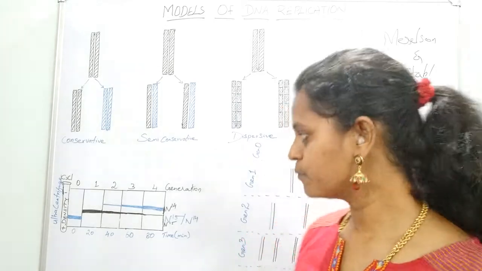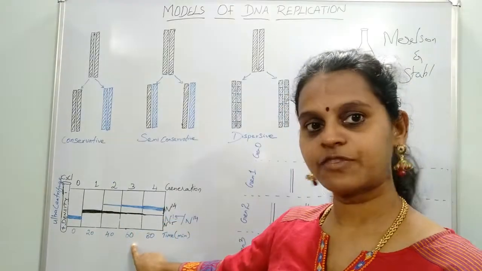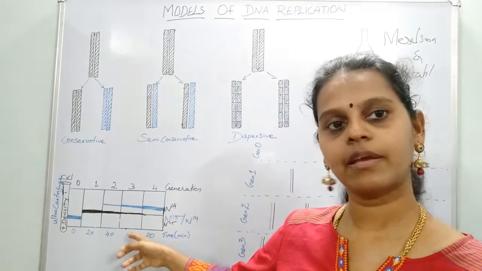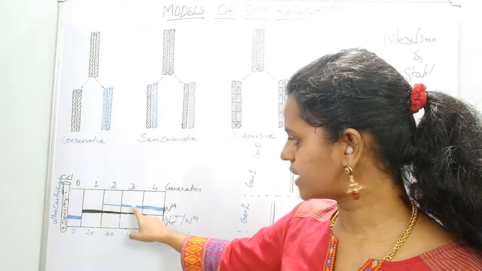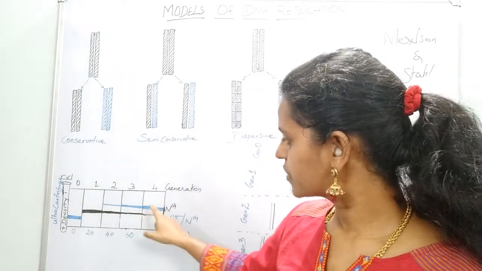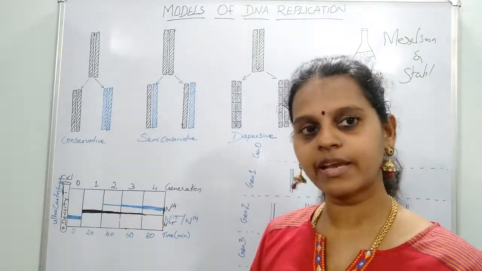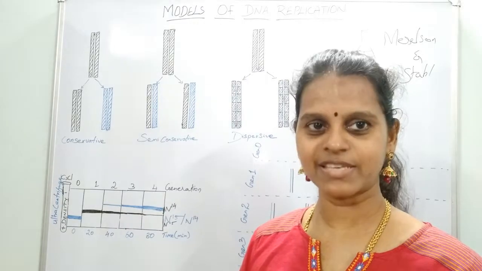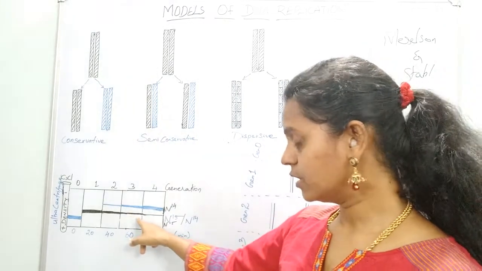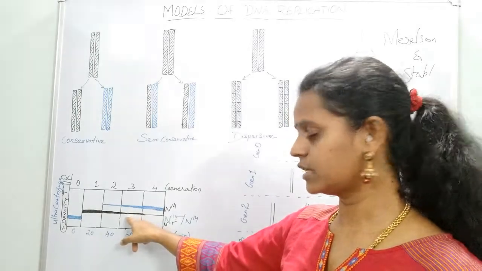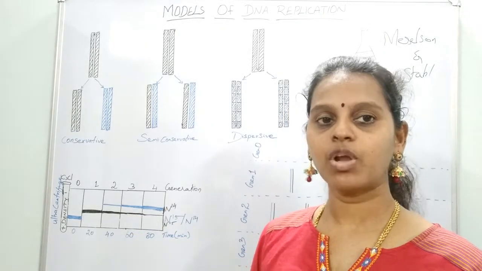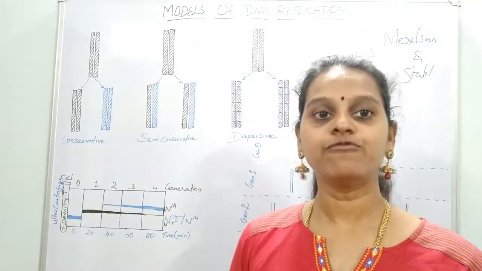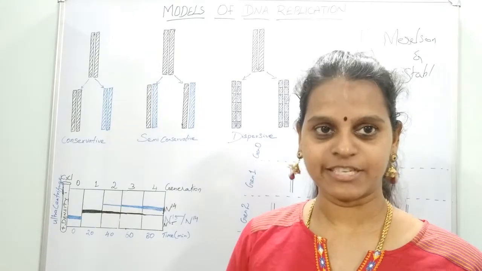In the third generation, after 60 minutes, they harvested a few cells from the culture, extracted the DNA, and analyzed it. In the band pattern, the N14 band is somewhat thicker, whereas the N15-N14 intermediate band is comparatively lighter. So the number of hybrid DNA molecules is getting lesser, whereas the number of N14 molecules is getting greater.